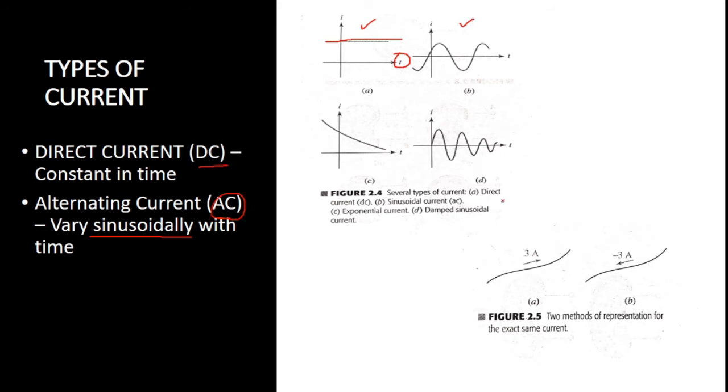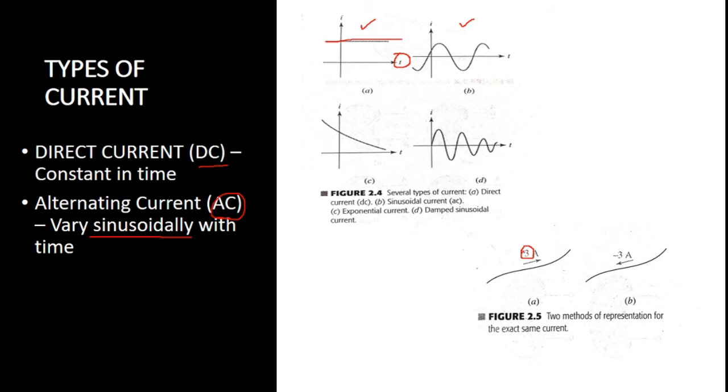And how to represent current? As I told you earlier, current has two main quantities. One is the value, whether it is plus 3 amps or minus 3 amps, etc., and the other is which direction it flows. This arrow mark represents the direction of flow of current. So when we write current, we should mention both the direction of flow as well as the value of that particular current.